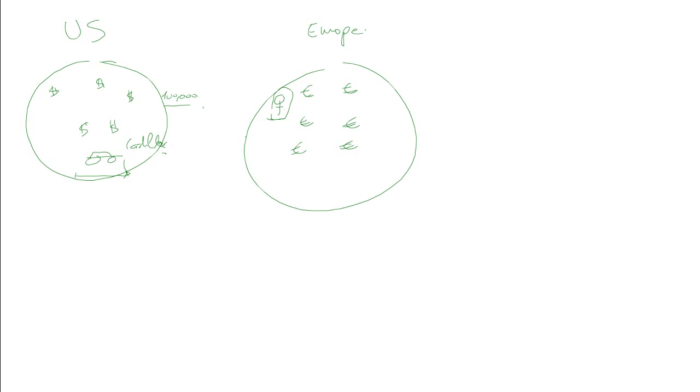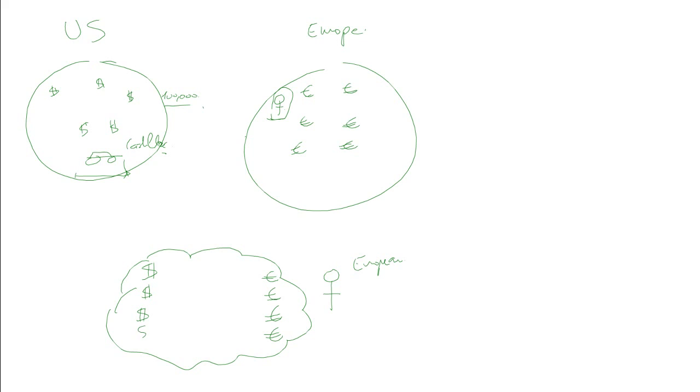On one side you have Europeans who are looking for dollars in exchange for euros. Europeans have euros and they're looking for dollars to buy American goods, and likewise Americans are looking for euros to buy French wine.